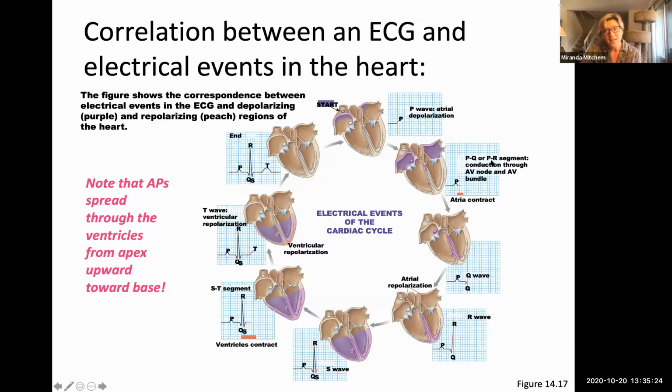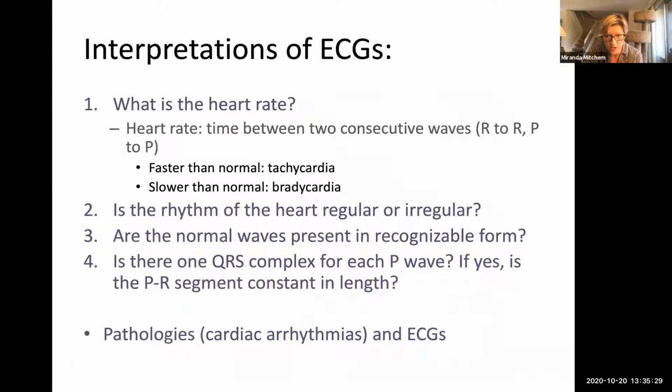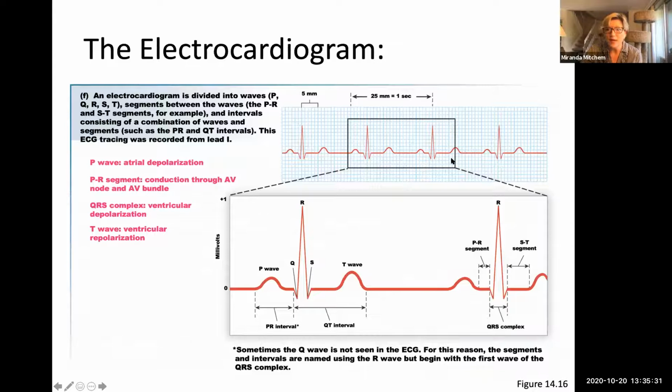Keep in mind in an EKG, let me actually get back to the picture, there's overlap between depolarization and repolarization. That means you can't use the direction of movement as an indicator of exactly what's happening.